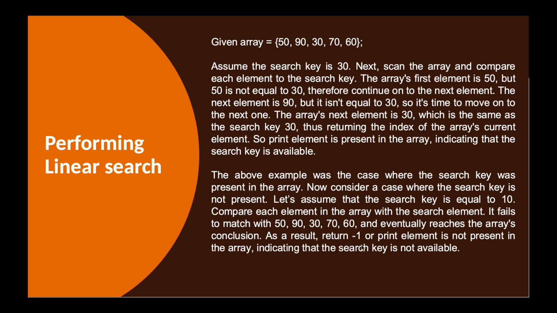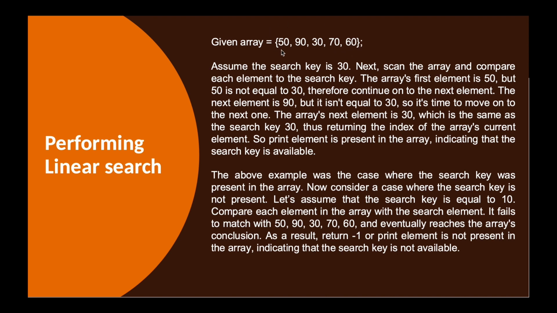Now, the conclusion for this second paragraph is that assuming you are looking for 10 in this array and you compared all the elements but none match the 10, it means that what we are searching for is unavailable. Therefore, it should give us the feedback that the search key is unavailable.